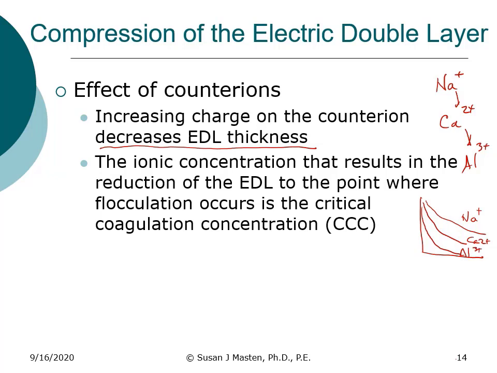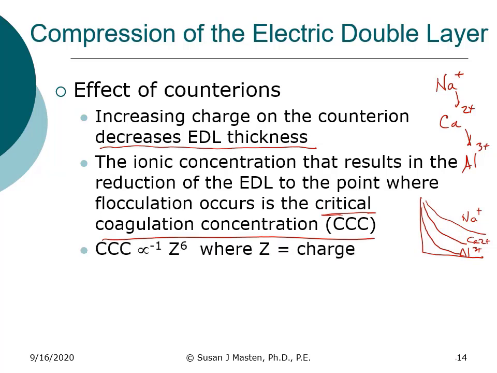We also note that the ionic strength that results in the reduction of the electric double layer to the point where flocculation occurs is referred to as the critical coagulation concentration. So that's how much coagulant we need to add in order to reduce this electric double layer to the point where the colloids can aggregate together.